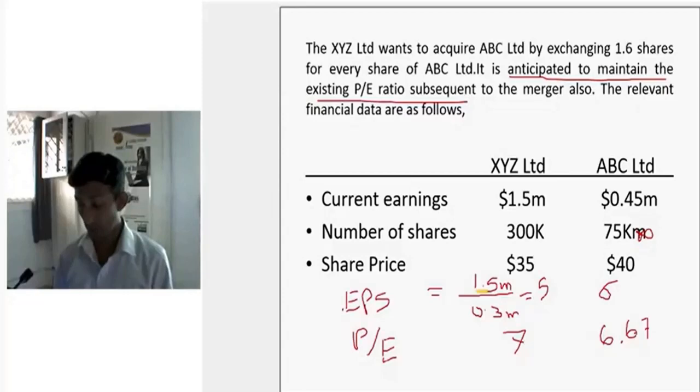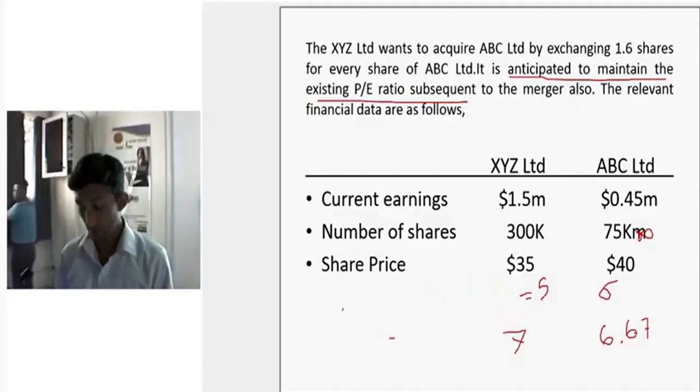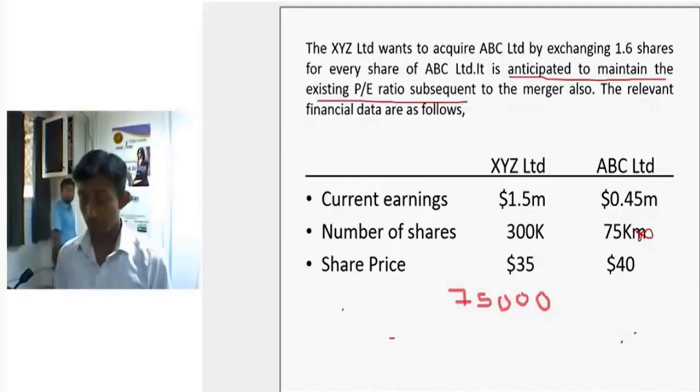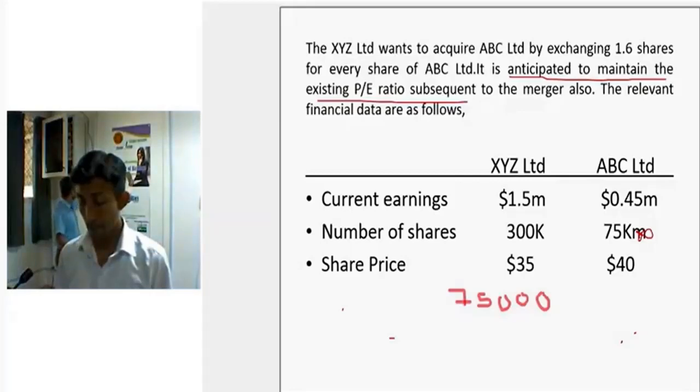So let's calculate that. We have 75,000 shares. For 1 share of ABC, we need to issue 1.4 times of XYZ shares.